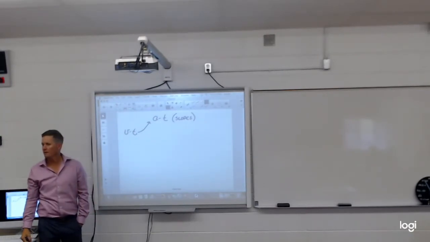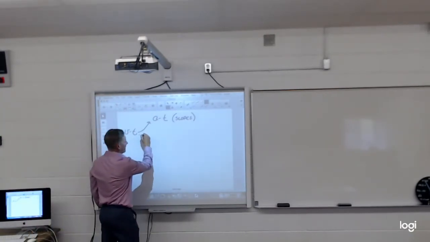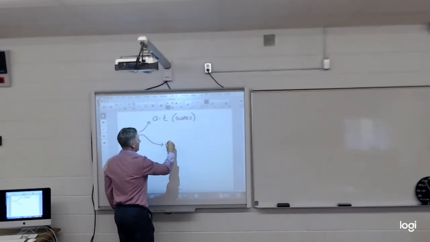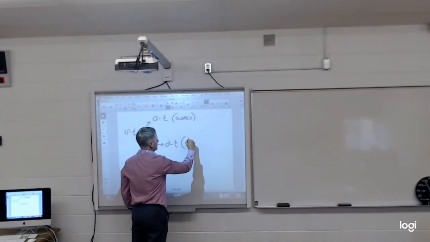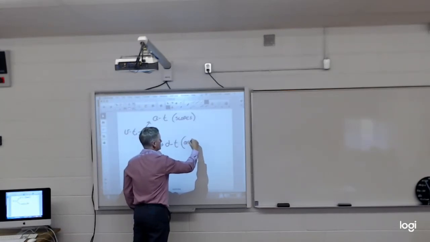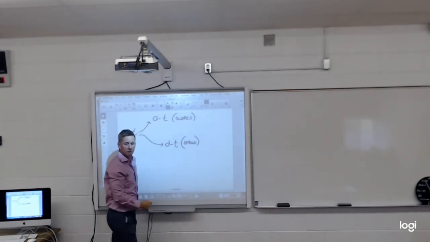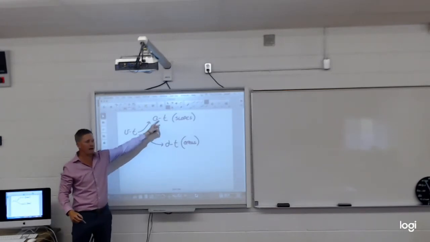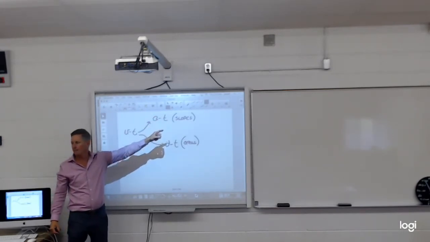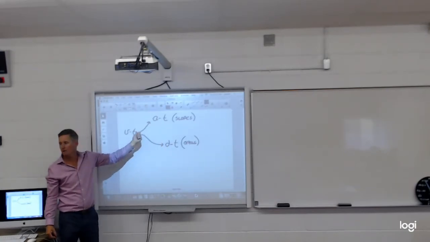And from a VT graph, I can go to a DT by finding areas. I can't go from there to there. I can go from here to here, and switch.